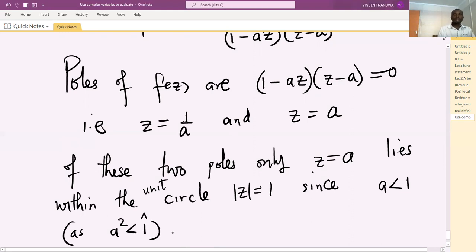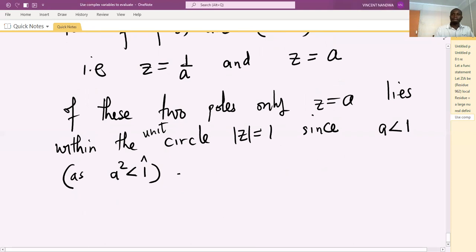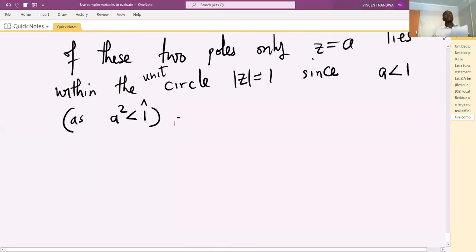Which means the reciprocal of a should be greater than 1. So we only take those poles which are within the unit circle, so we don't have to take care of what is outside the circle.